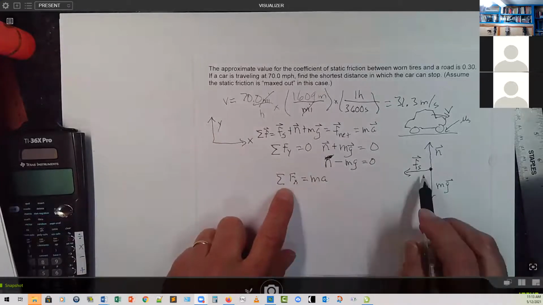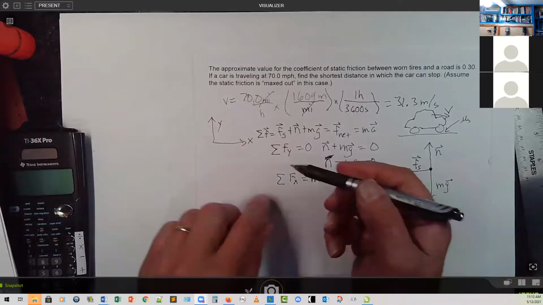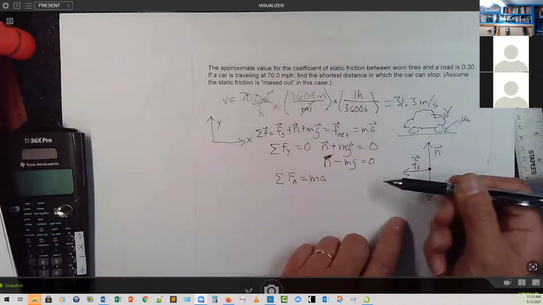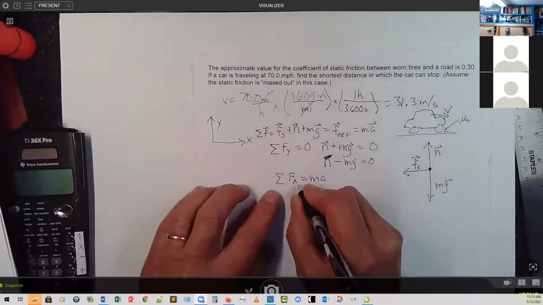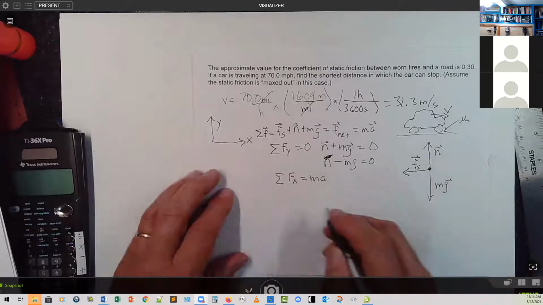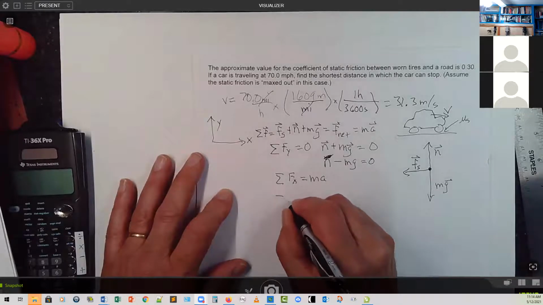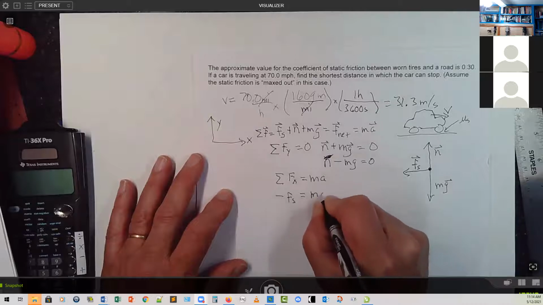And what I see is that the frictional force is pointing in the minus x direction. It's pointing to the left. That's the negative. And so what I have for the sum of the forces in the x direction is just that one force, and it'll be minus F sub s equals ma.